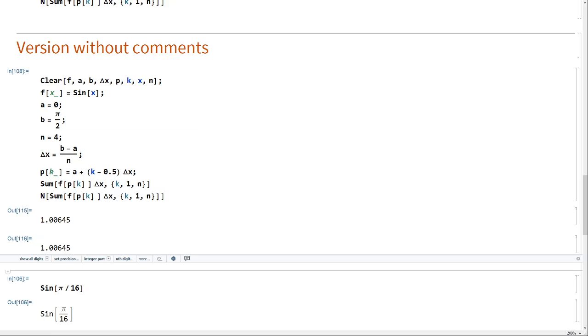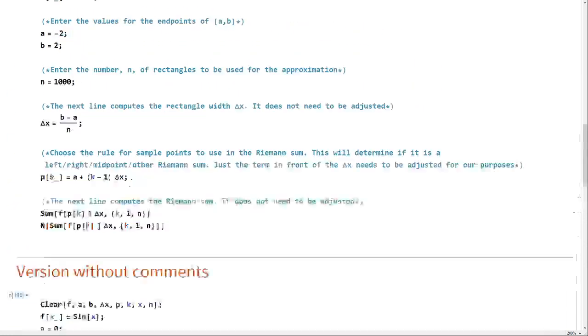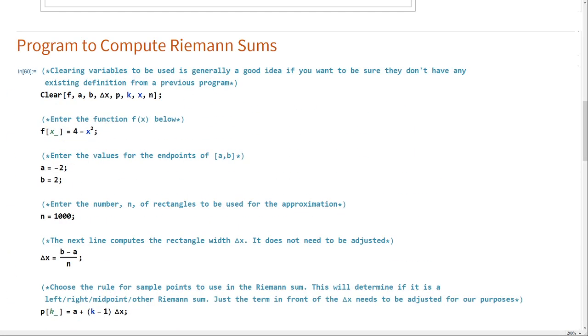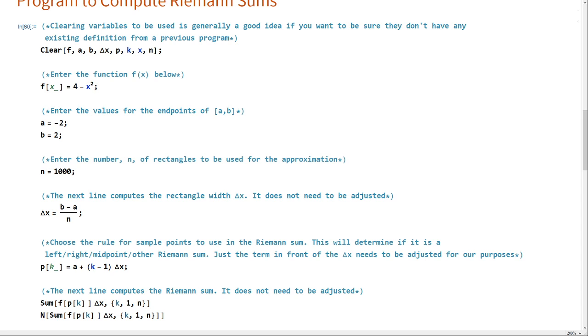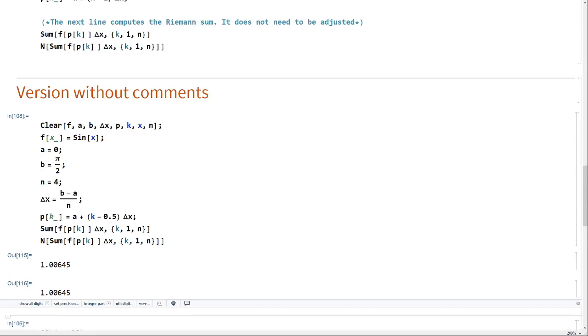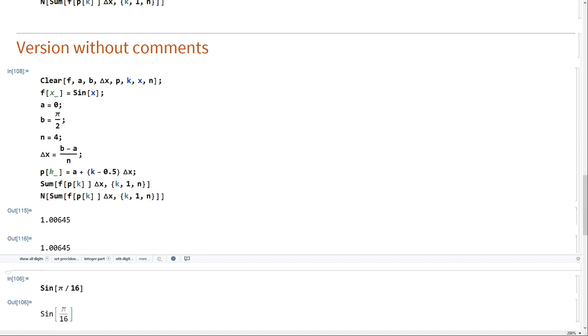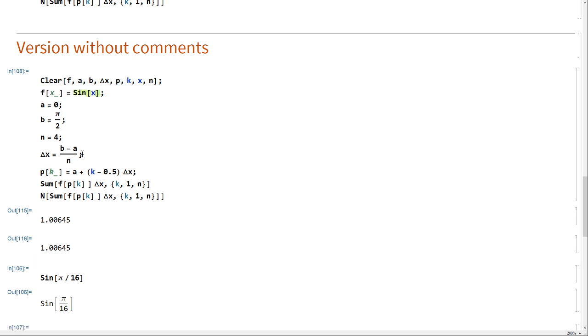I've been using this, of course, to do the computations. Here's the version with comments, but I'm going to go down to the version without comments since I have the explanation of how this works. Here, we're trying to find the area under whatever function is here.